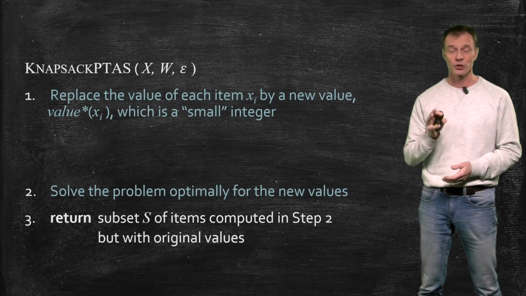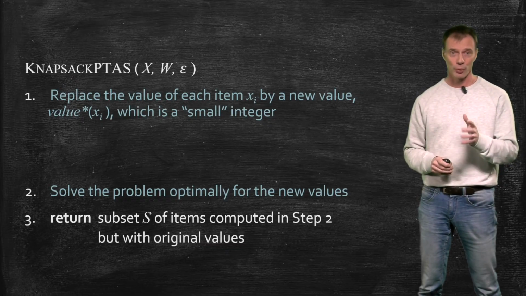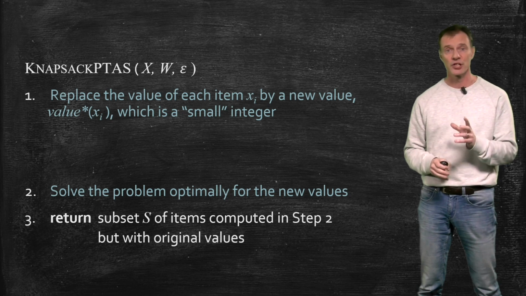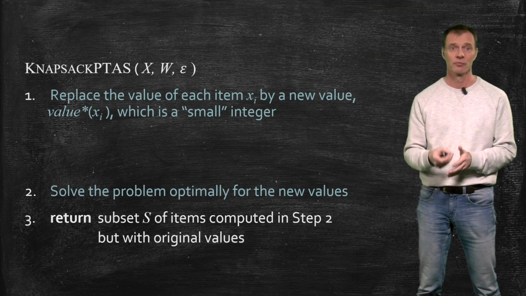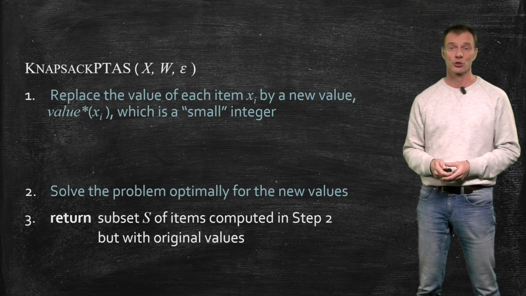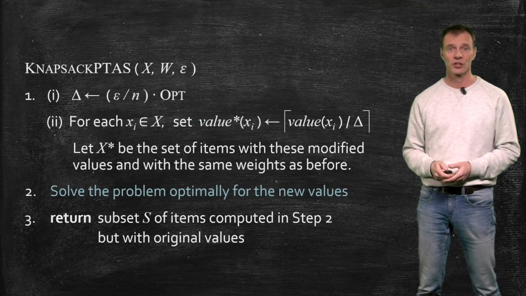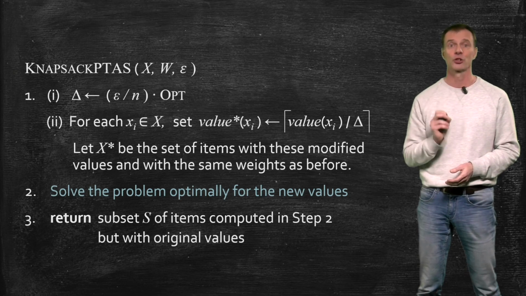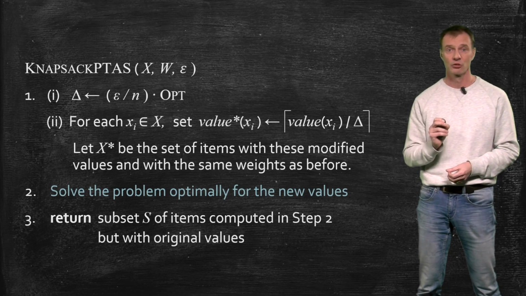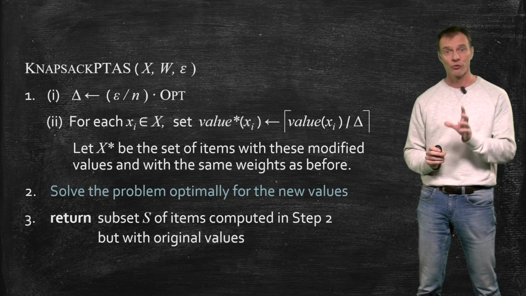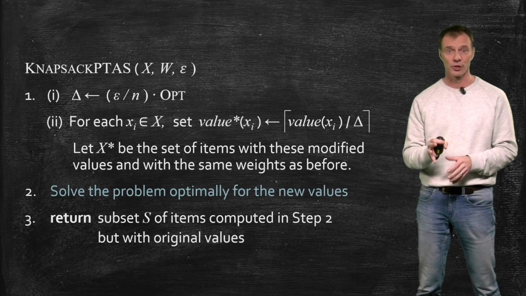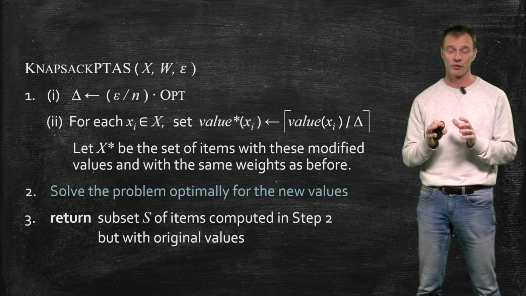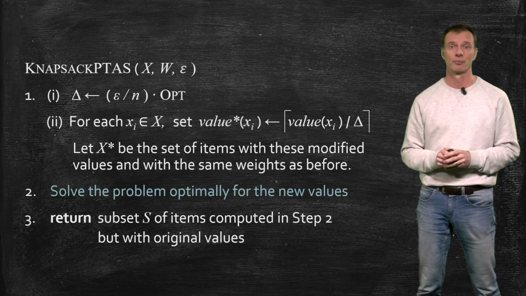Okay, so let's look at our algorithm. What we did first was replace all the values by value star. We just saw how we were going to do that. We take this particular choice of delta, so delta is epsilon divided by n times opt. And now for each item xi, I define value star to be the original value divided by delta, rounded up.